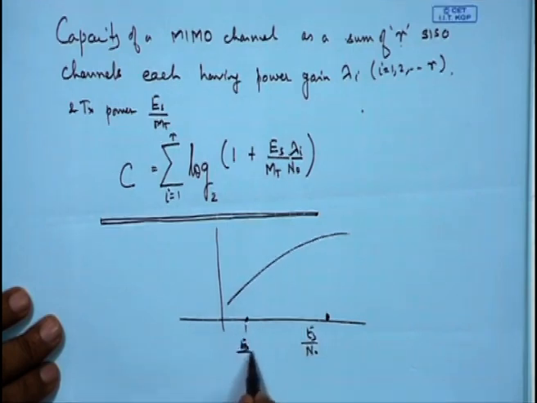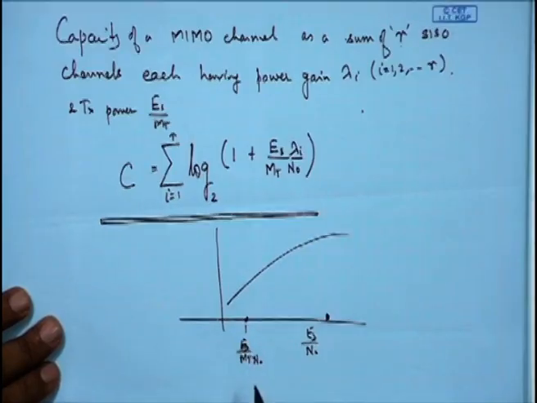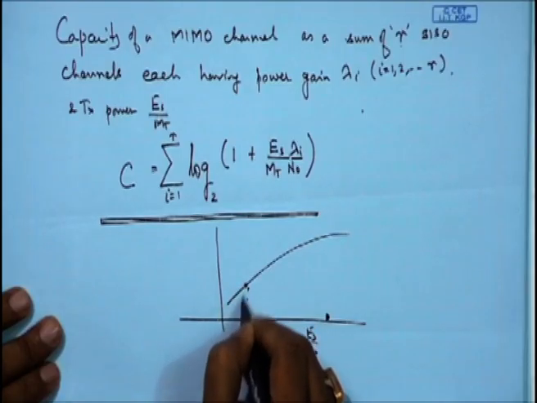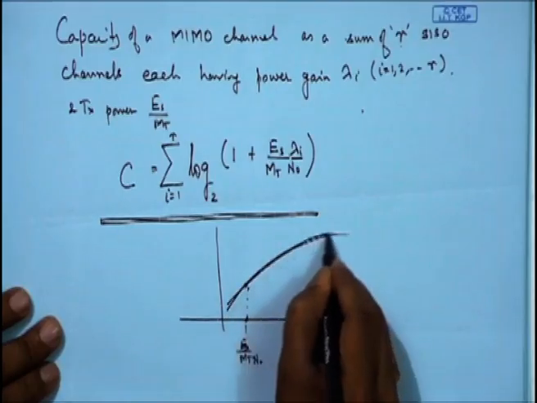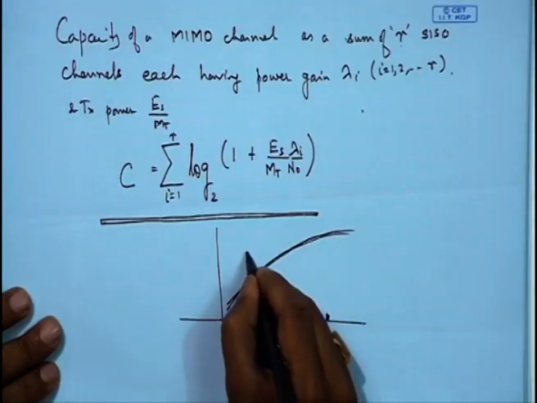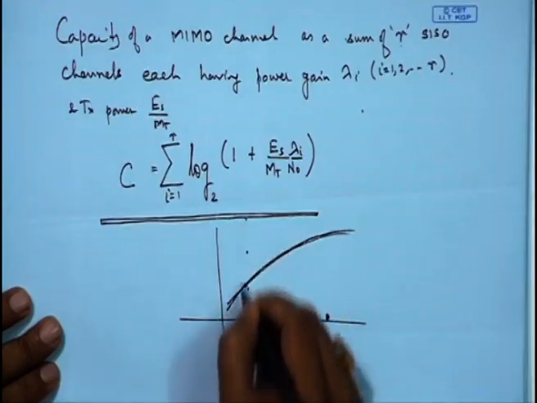So this is, let's say, Es upon Mt, it has reduced the SNR. However, it has added, so if this is the point, it has added r of them. Roughly speaking, this is the logarithmic curve, not drawn to scale. So there are 2 units, 1 plus 2 plus 3, and so on and so forth.